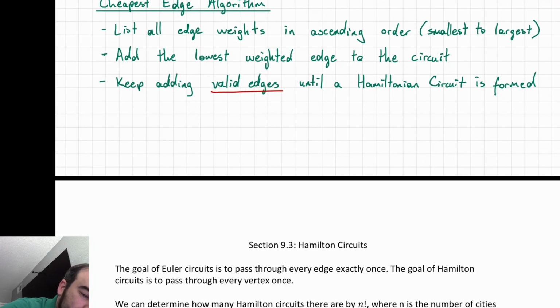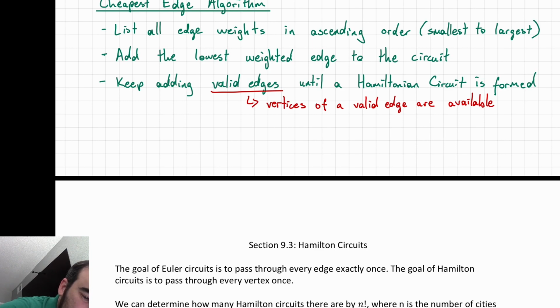A valid edge means that the vertices of a valid edge are available.